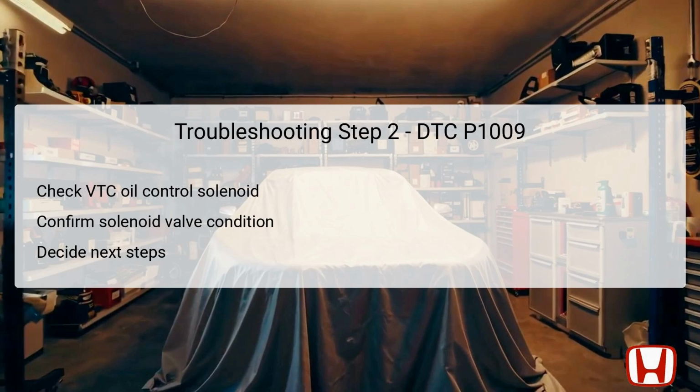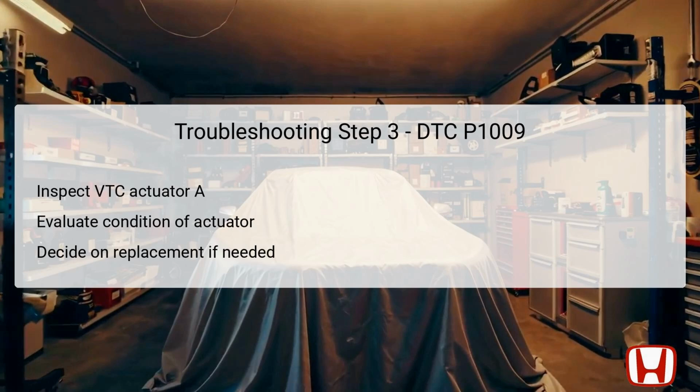The third troubleshooting step requires a thorough check of VTC actuator A. Inspect the actuator for any visible damage or operational issues that might hinder its function. The actuator must operate correctly to adjust the valve timing as intended for optimal engine performance.